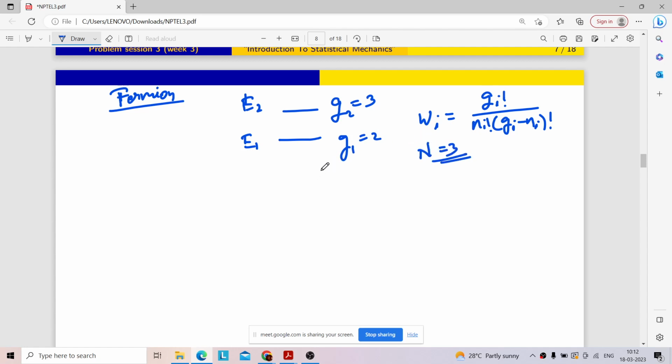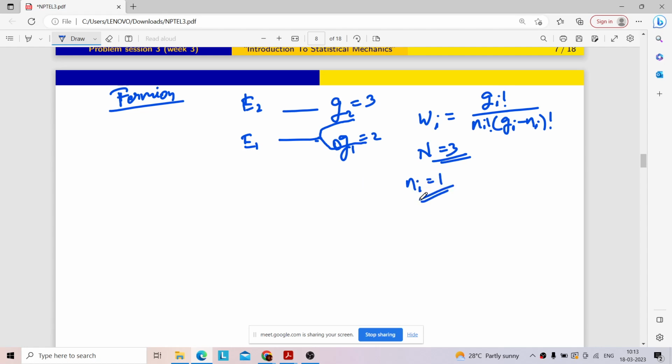So now as we are having fermions, what is the number of particles I can put in each state? This state has two degeneracies, there are two energy states. So what is the number of particles I can put in each state? So it's 1 for fermion. So ni will be 1 for fermion.